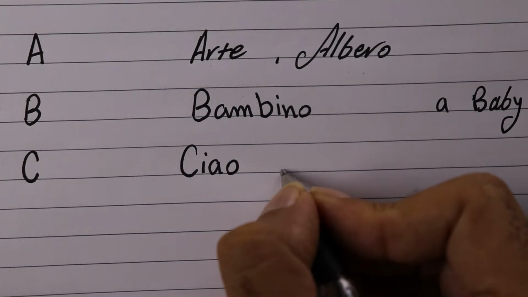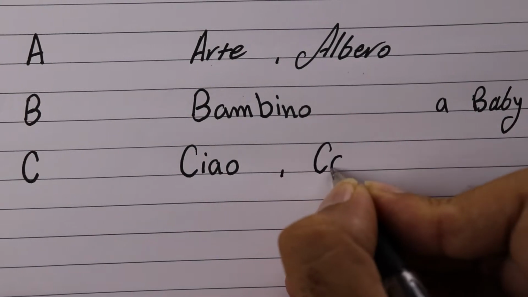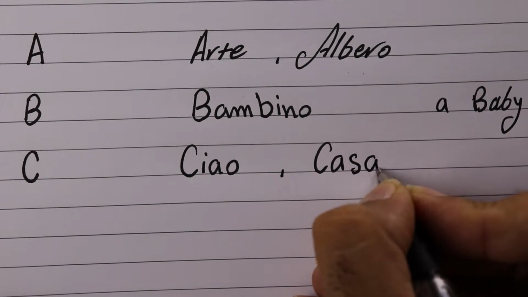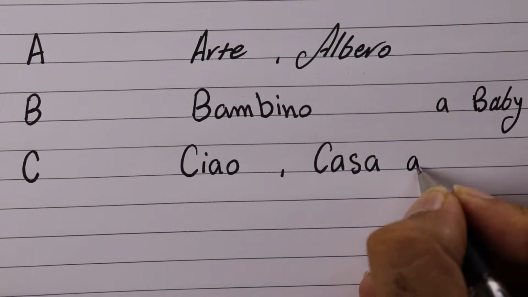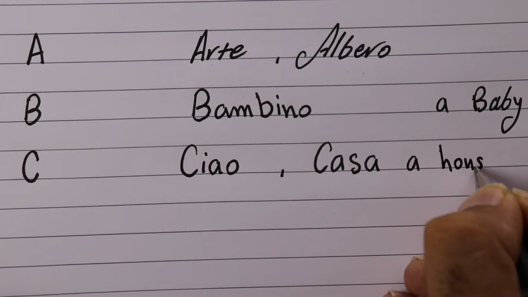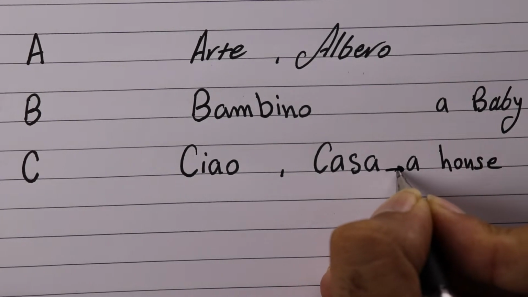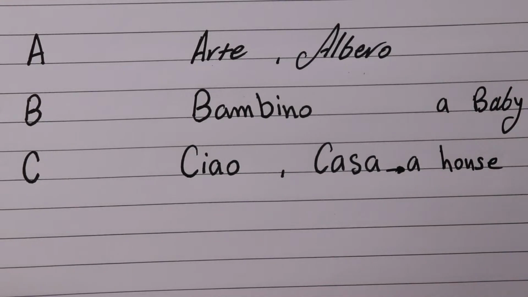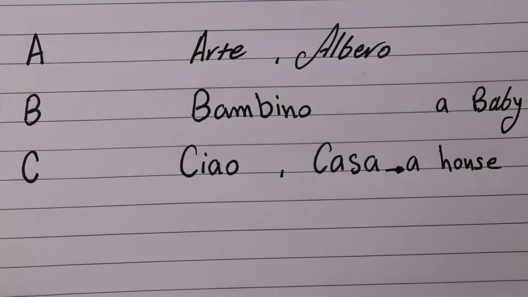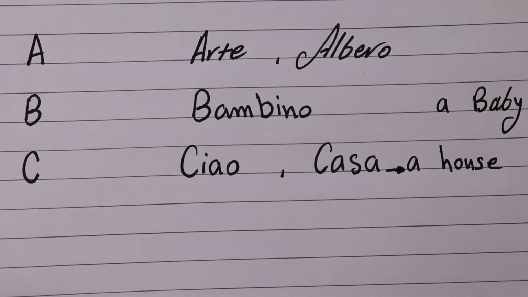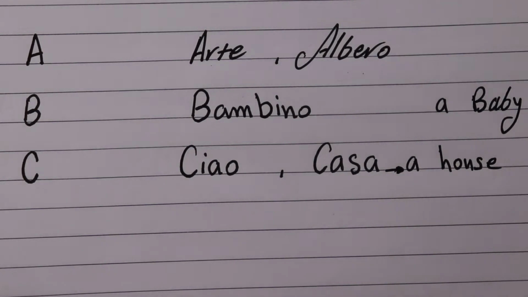Or casa, a house. So, C gives us two sounds, chi and ka. And in the next lesson I will break down everything, when it gives us the sound of chi and when it gives us the sound of ka. So don't worry right now about that.